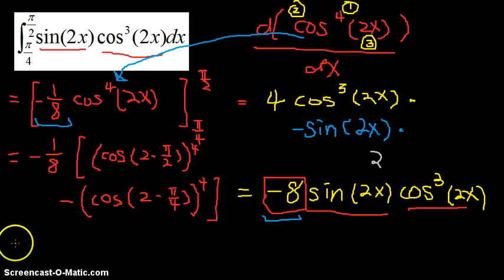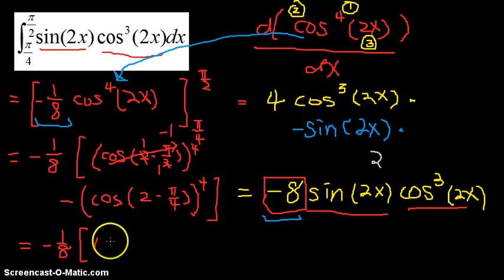Use your unit circle. You'll get 1 over 8 in the front, and the 2 cancels, so I have cosine pi. Cosine pi gives us negative 1, and negative 1 to the power of 4 gives us 1, minus this 2 and that 4 cancel, so I have cosine of half pi.